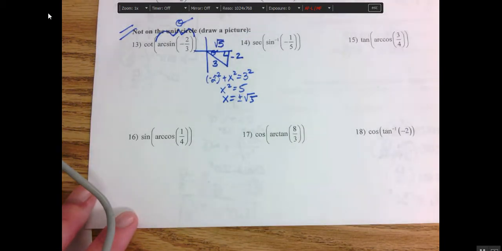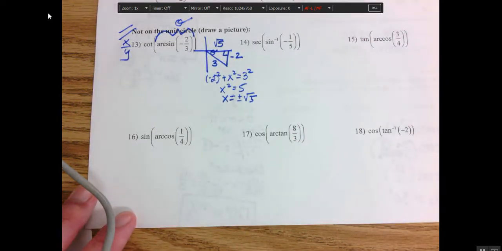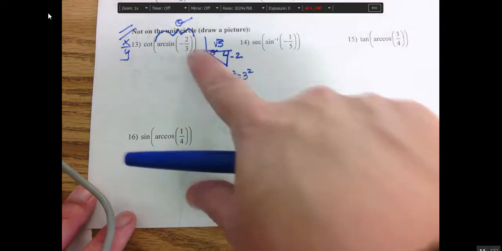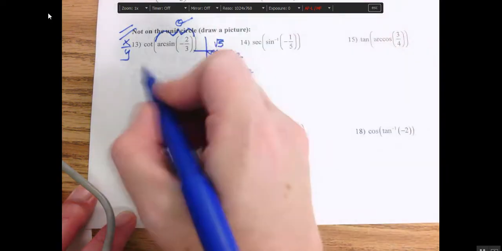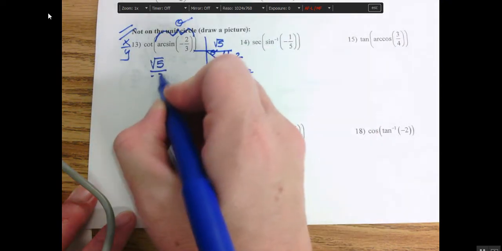Okay, cotangent is x over y. So what will my ratio be? Look at your picture with x and y. What number is the x? Root 5 is the x, so root 5 over negative 2.